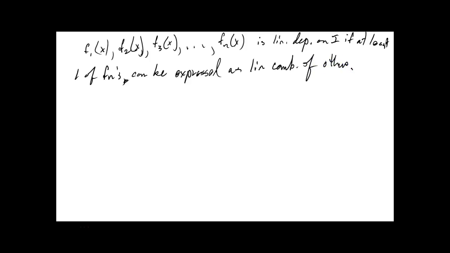In other words, if C1 F1 plus C2 F2 plus C3 F3 plus dot dot dot plus Cn Fn can equal 0 for some choice of C's where they're not all 0, then pull one of them out and subtract it from the other side. And now you have a linear combination of all the others. Okay? So this is another way of saying linear dependence.